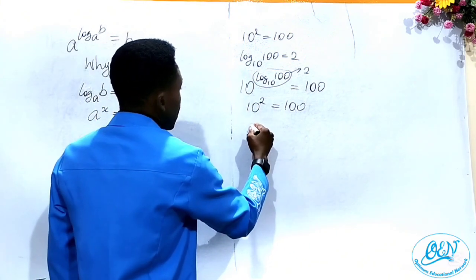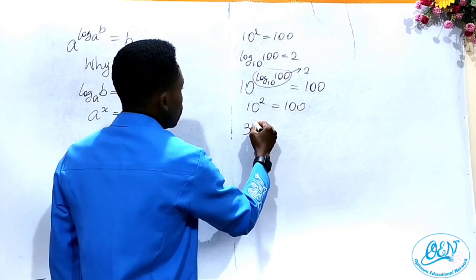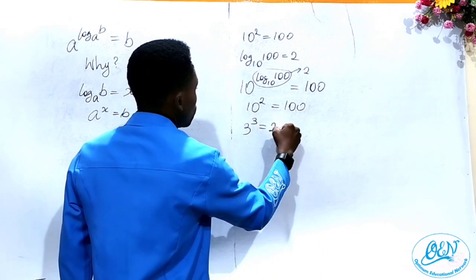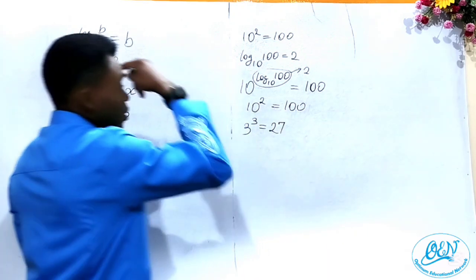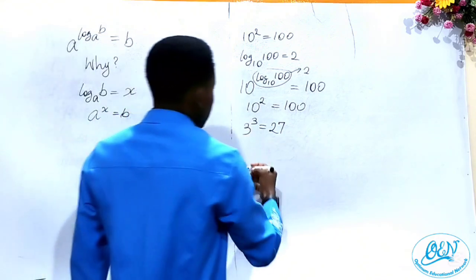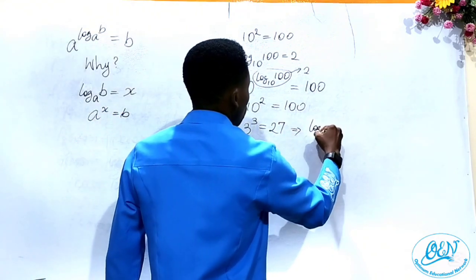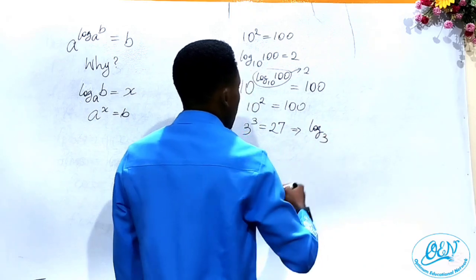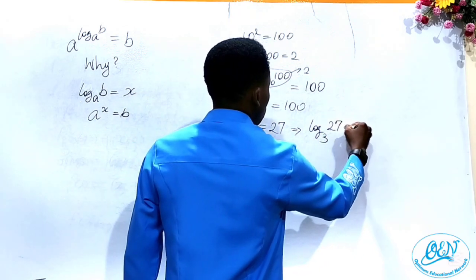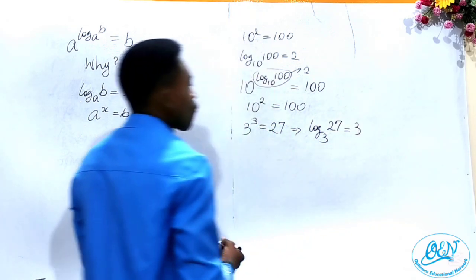we have something like 3 raised to the power 3 is equal to 27. What this means is that log to base 3 of 27 is equal to 3.